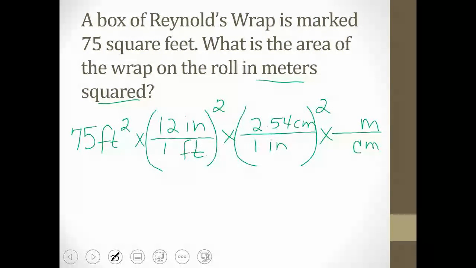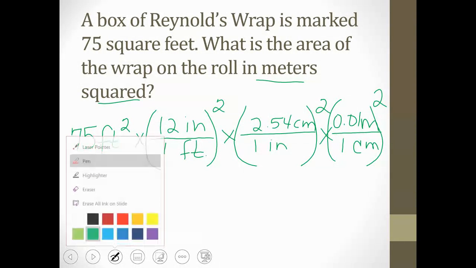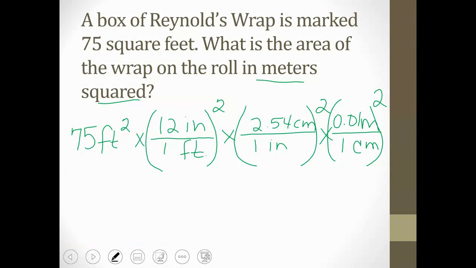When I learned metric, I found that a centimeter is 1/100th of a meter. So 1 times 10 to the negative 2 meters, or 0.01 meters. Again, I need to square this. And you can see why. My feet squared will cancel out. My inches squared will cancel out. My centimeters squared will cancel out. And I will be left with meters squared.